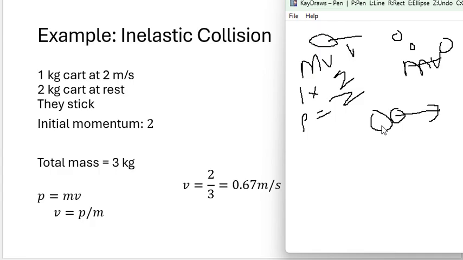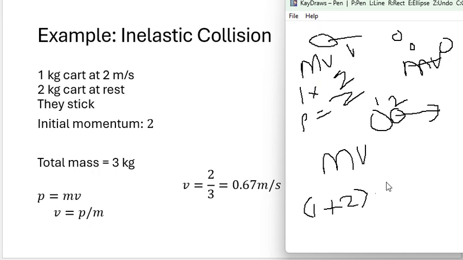After the collision, you collide and then you stick together because it is an inelastic collision. So we're going to have another one like this again: your m and then v. Your masses are fused together, so you have 1 and 2, because this is 1 and this is 2, altogether 3 right here.